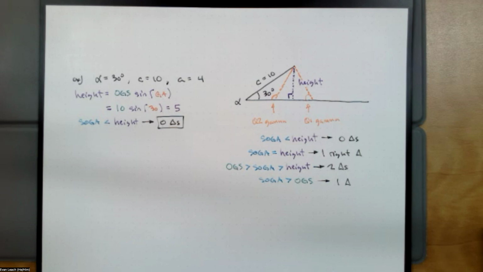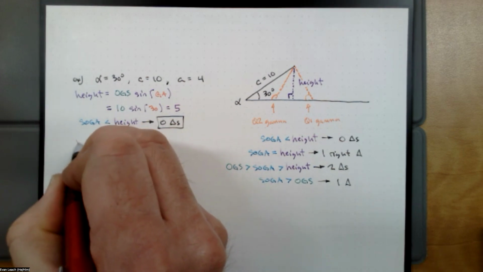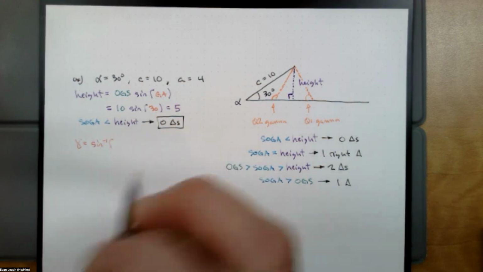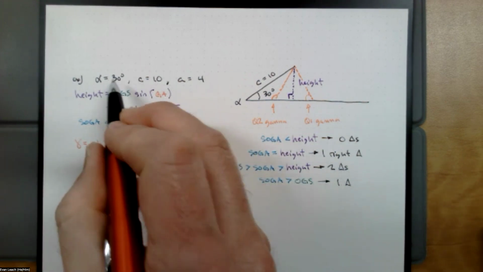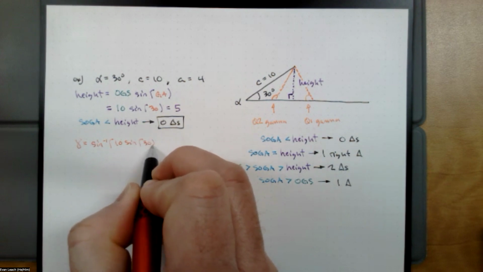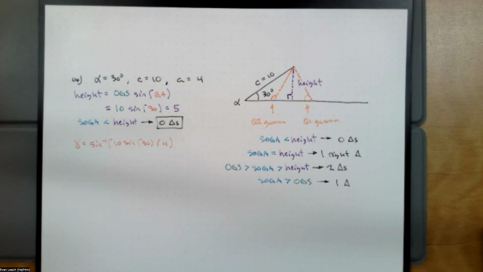Then we would proceed with the law of sines, and the numbers will let us know that we don't have to go any further. We would try to find gamma. It's like, oh, I forgot to check the heights, so I'm going to try to find gamma. I'm going to do the sine inverse of c sine alpha divided by a.